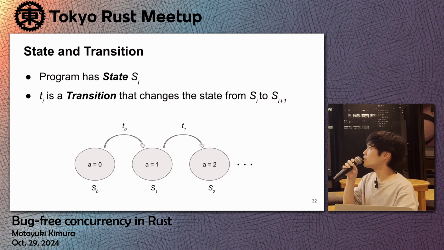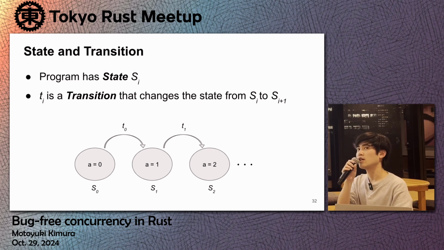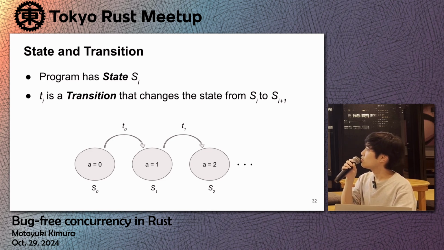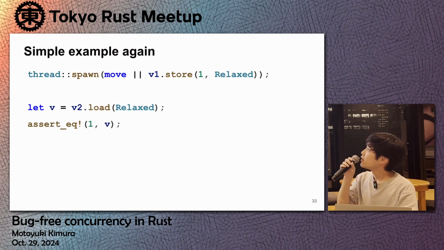We can think of states such as the program's local variables and things like that. And we can think of a transition as each line of code, because each line of code does something that could change the state from one state to another.